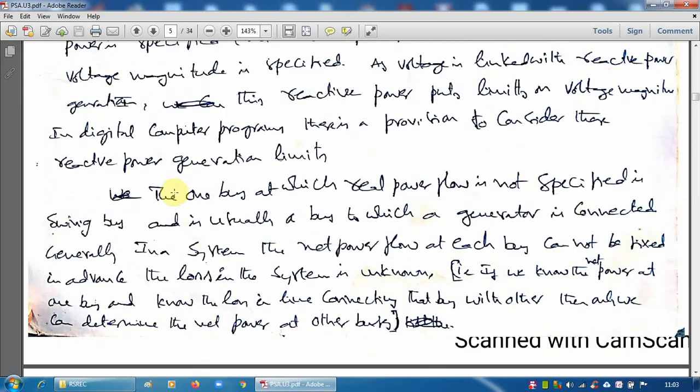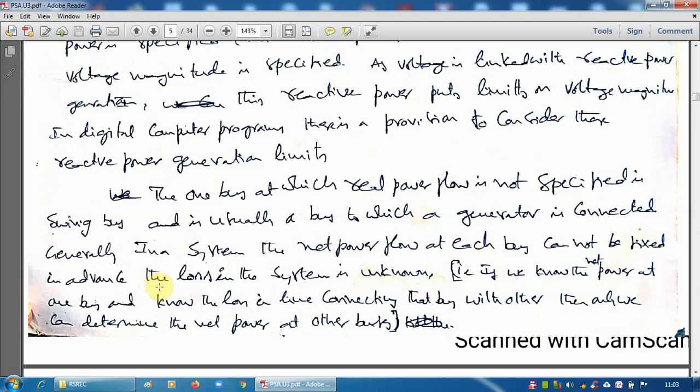Next, I said in the previous 2 points of discussion that except one bus, that one bus at which real power is not specified is called swing bus or slack bus. So, out of the given buses, at one bus we will not specify the real power. That bus is called slack bus.